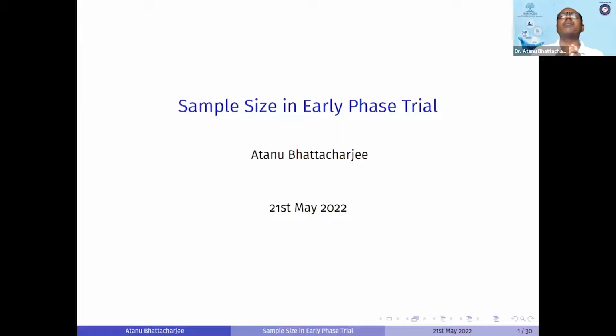Second step: what ingredients do we need to keep in mind while going for sample size calculation? That is another important point. As he mentioned already, alpha or type 1 error is required, beta or power, that is type 2 error, is required, and the difference is always required.